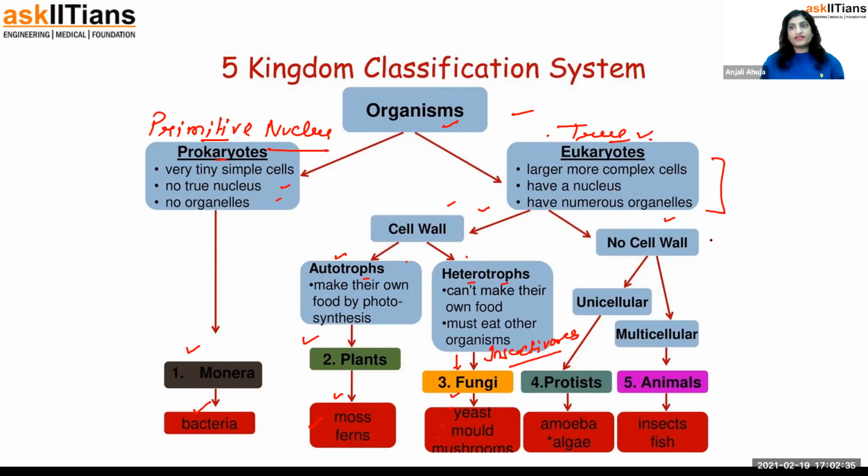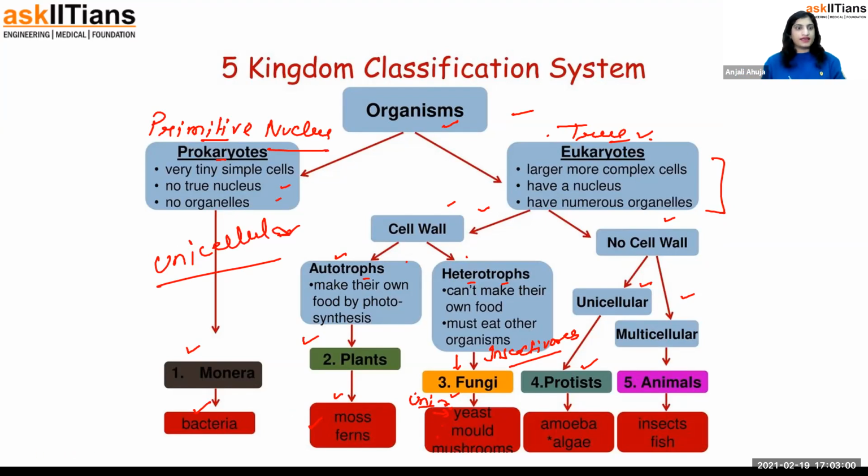Now talking about when the cell wall is not present. When there is no cell wall, then the organism's classification is whether unicellular or multicellular. Talking about the unicellular, Monera are also unicellular, it's just a revision. And then Protists are unicellular. Rest all of them are multicellular, except in the fungi, yeast is the one which is unicellular.